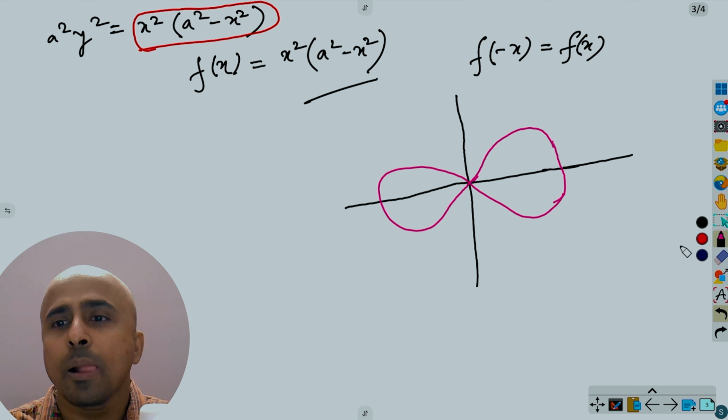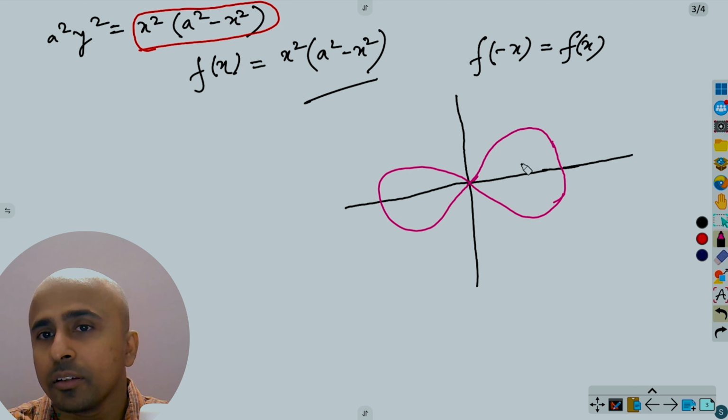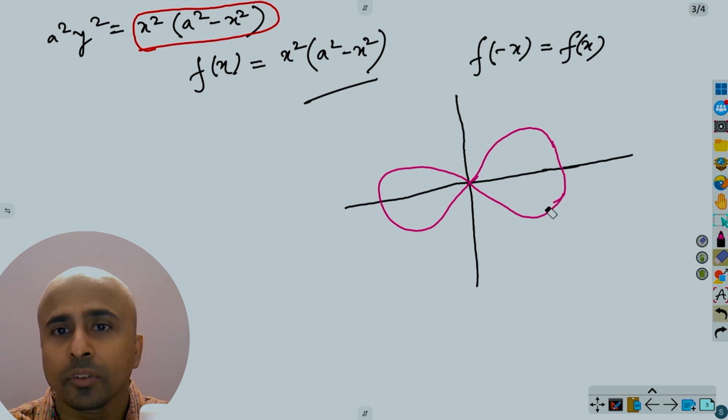Okay. And it is also symmetric with respect to the y-axis. Therefore, this curve looks something like this. It is symmetric with respect to the y-axis, and it is symmetric with respect to the x-axis.